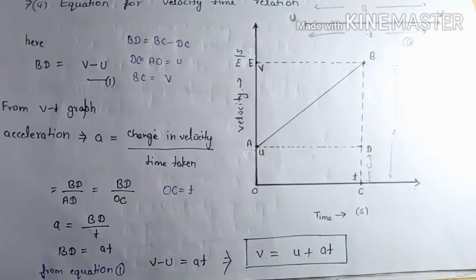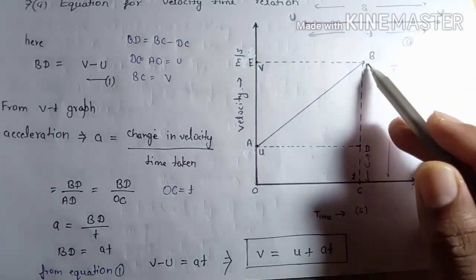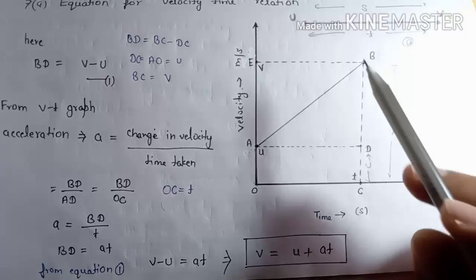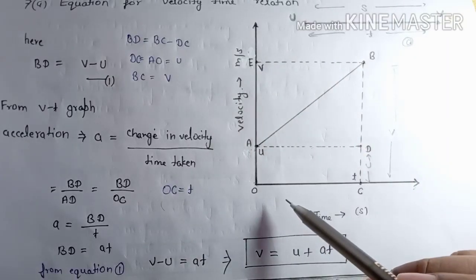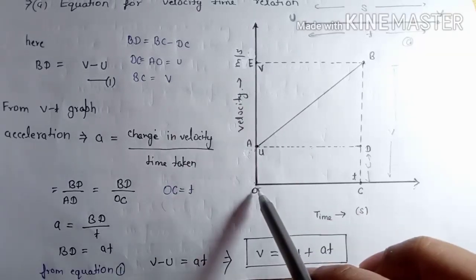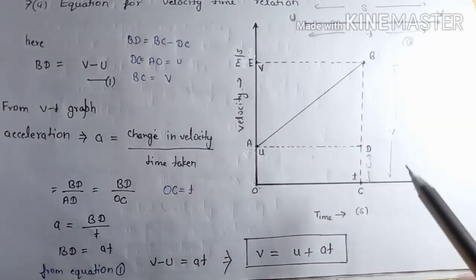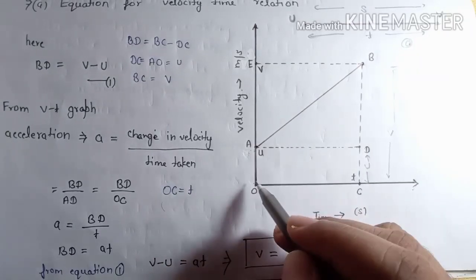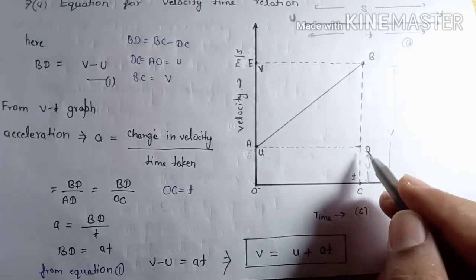Observe this one thing: this line is equal to EO, and the value of OE is v. So you can write here this is also v, and the initial velocity is u, that is OA.